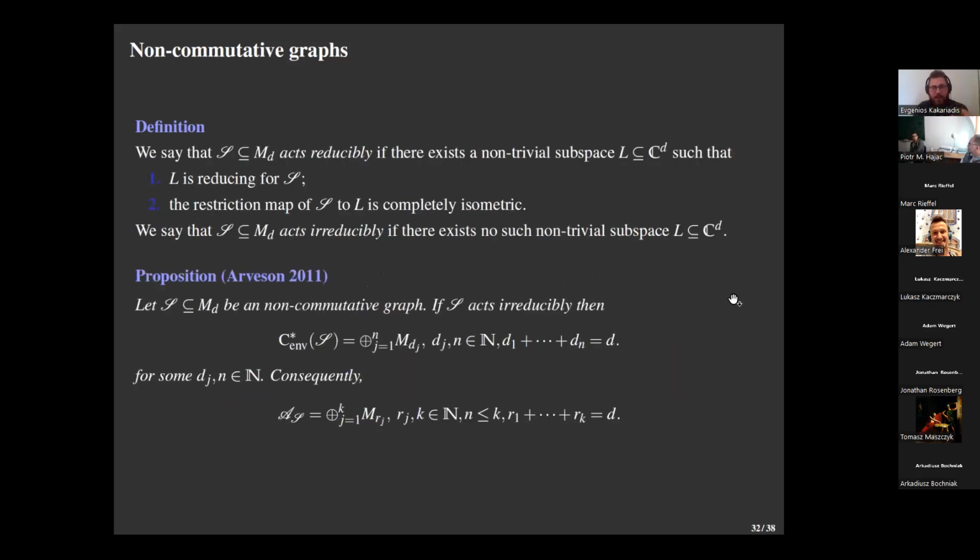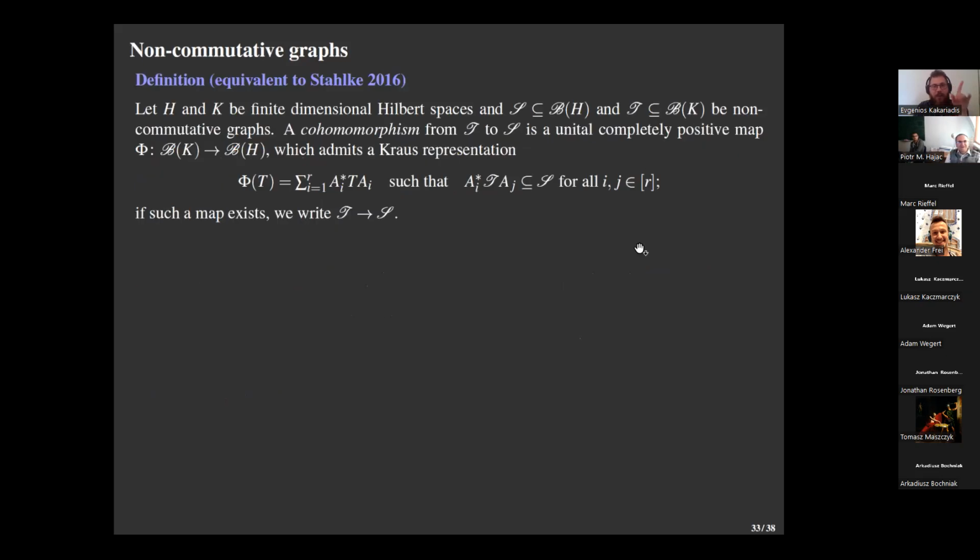I'm going to skip that, but what happens with homomorphisms and cohomomorphisms of these objects is that they are completely positive maps that come from a Kraus representation, and that comes from the work of Stahlke. The notation was like from T you go to S by choosing a specific Kraus representation, by having a UCP map with a Kraus representation.